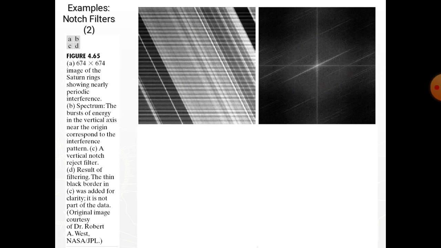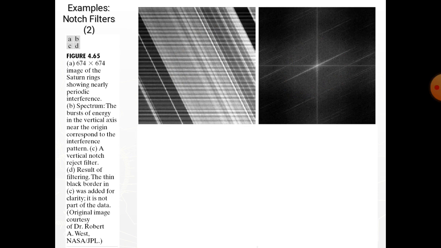Figure B shows the DFT spectrum. A careful analysis of the vertical axis reveals a series of small bursts of energy which correspond to the nearly sinusoidal interference.